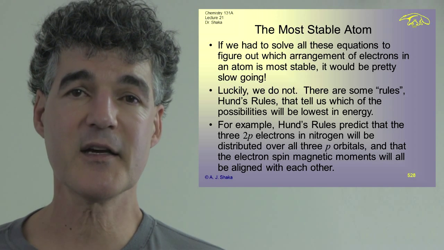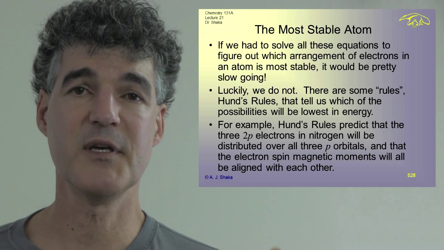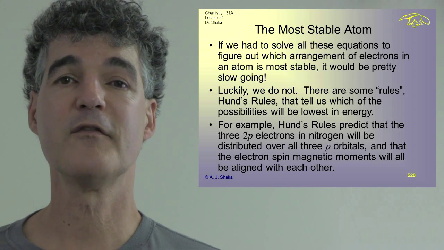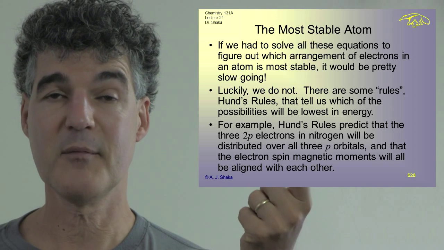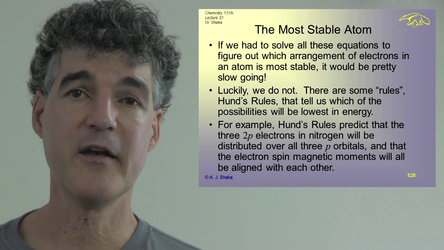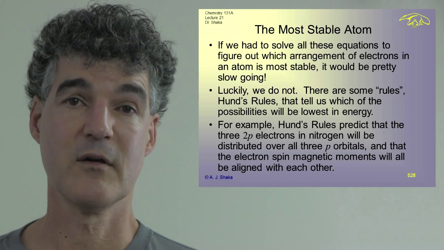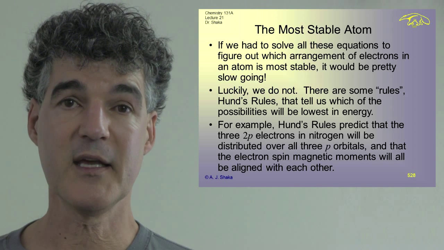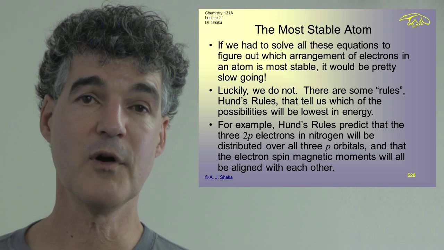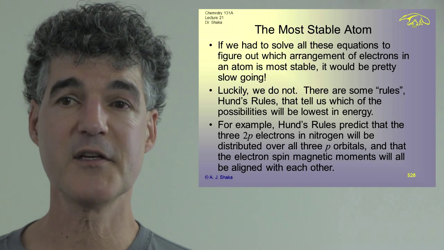One's going to be in px, one's going to be in py, and one's going to be in pz, or we could think of one in m sub l plus 1, 0, and minus 1. Same thing in the end. But they're going to be in these three orbitals. They are not going to be jammed together with two in one orbital and then one in the other, or some other combination.